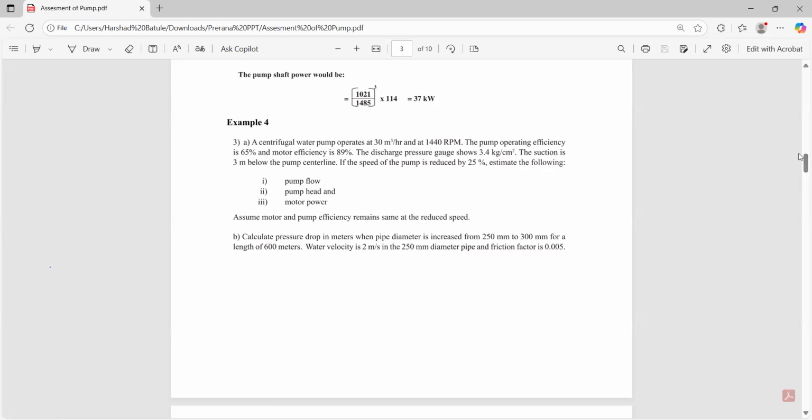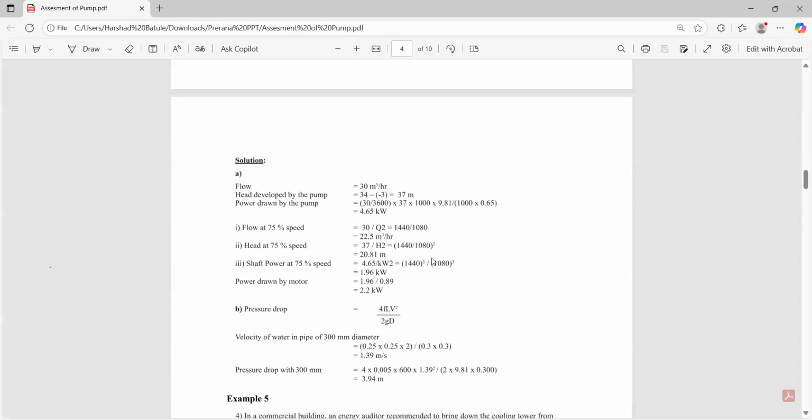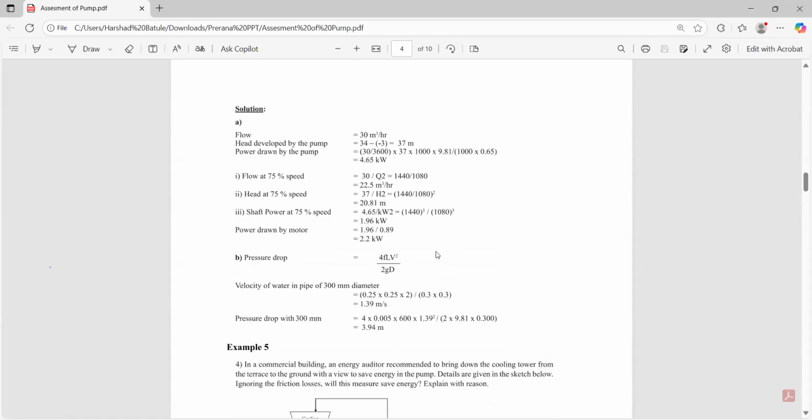If you increase the diameter of the pipe, your frictional head would be reduced because friction is directly proportional to, sorry, inversely proportional to the diameter of the pipe.